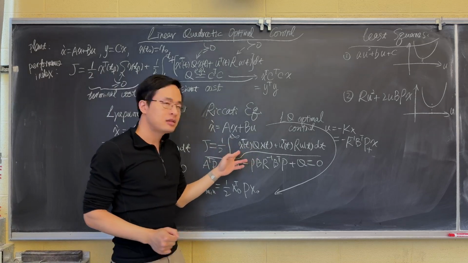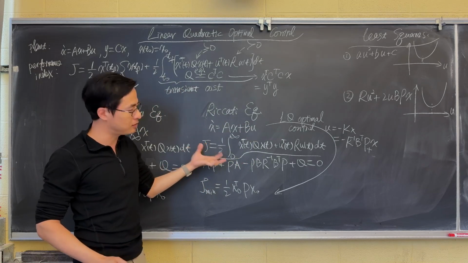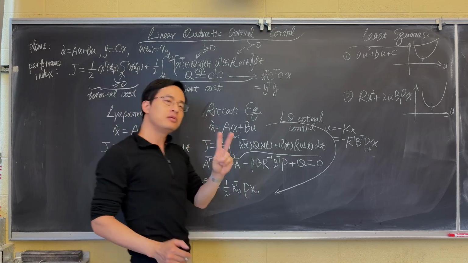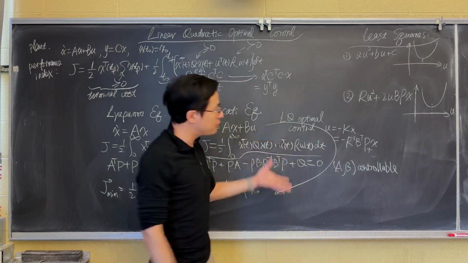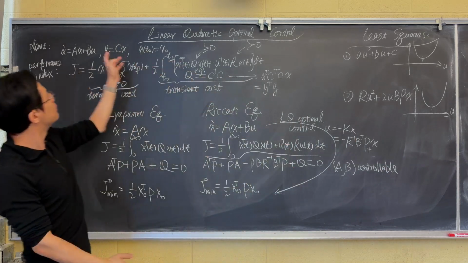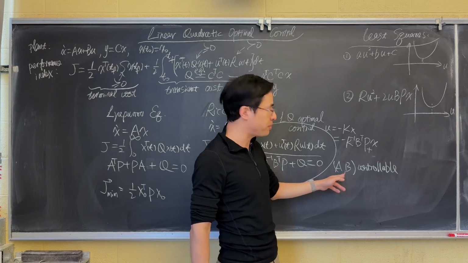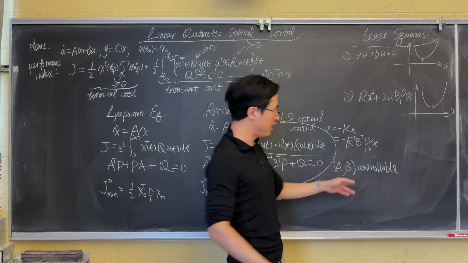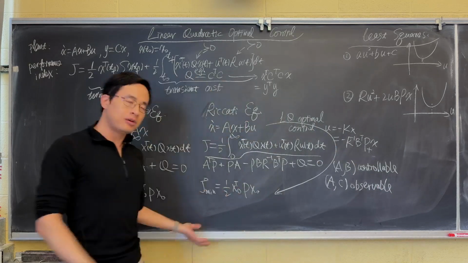This cost function and the solution to it make sense under two important conditions. The system has to be controllable, or the pair, we usually write A, B, this matrix pair gives a controllable system, and then A, C gives an observable system.